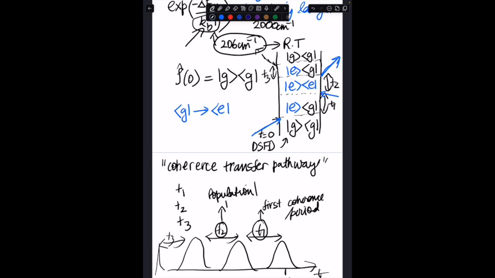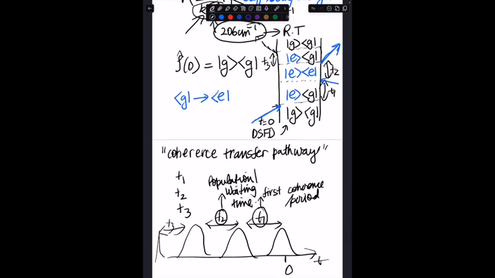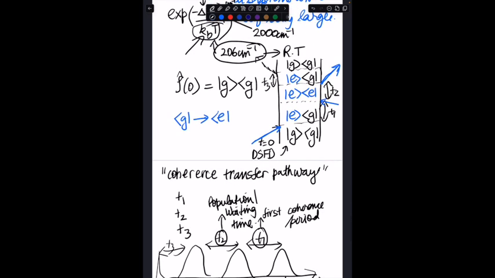The term population time is very easy to understand because you are in a population state during that time. And waiting time, it's because if you have systems which are not just two-level systems, during this period of time, you can see energy transfers from one excited electronic state to the other, and then you see various system bath interactions and so on and so forth.